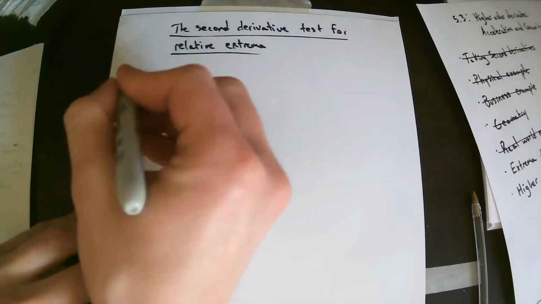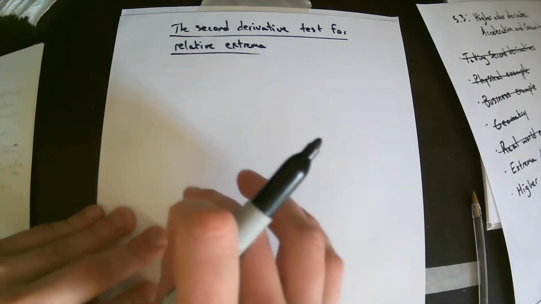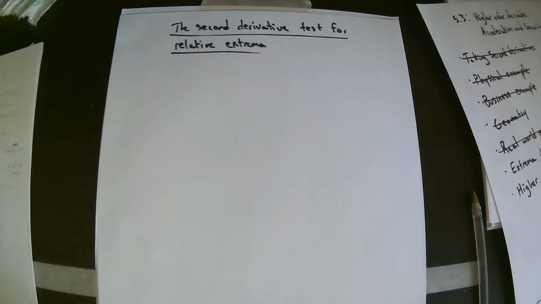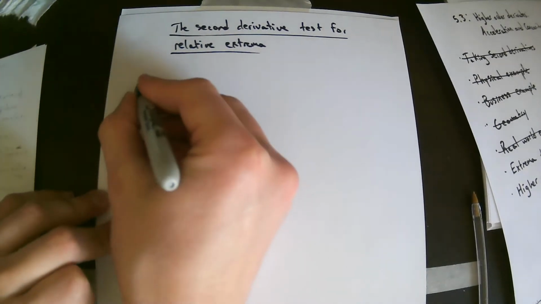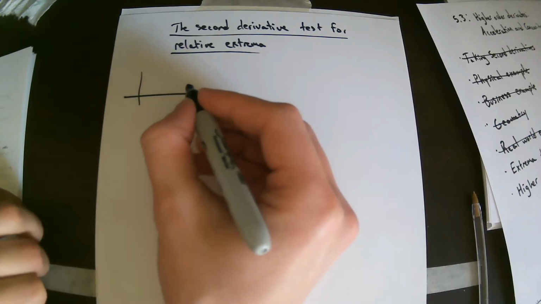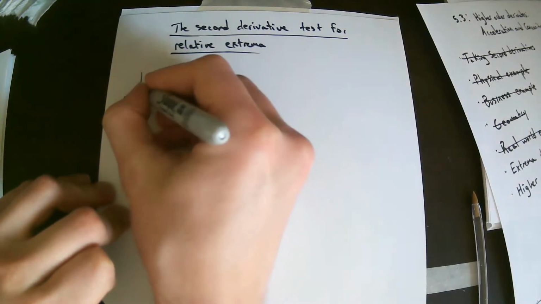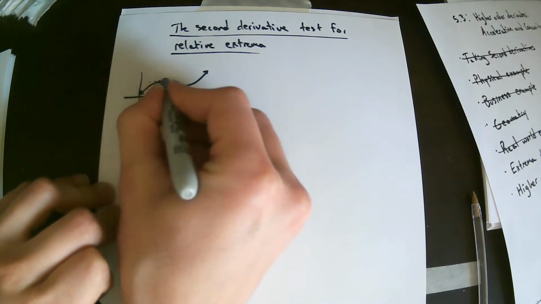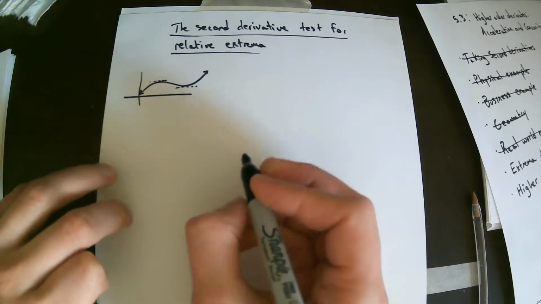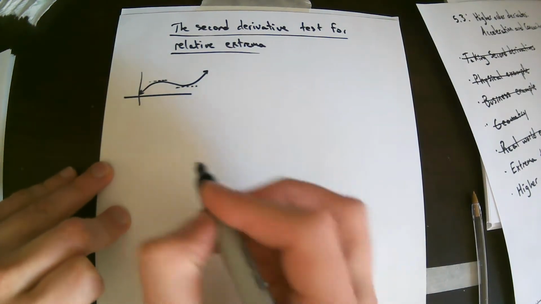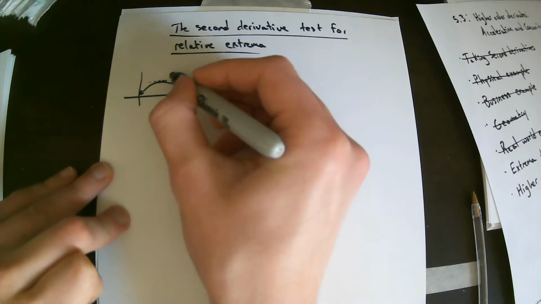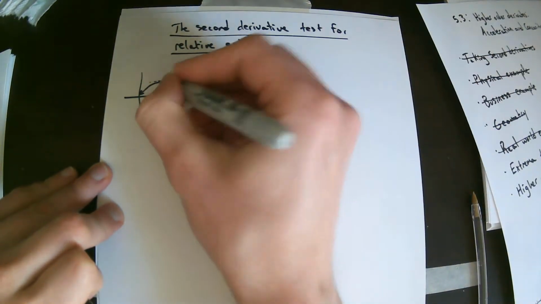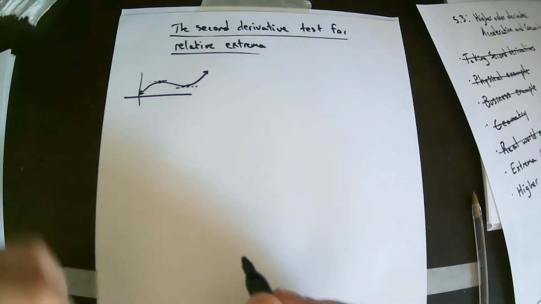The first thing we need to know is where the graph is flat. Because if we know where a graph is flat, say we have some curve like this, if we know where it's flat here and here, then if we also know if it's concave down or concave up, then we can say whether this point is a relative max or a relative min.